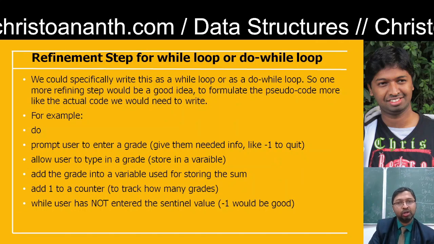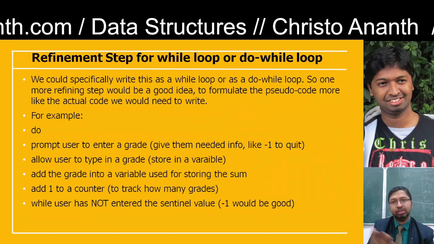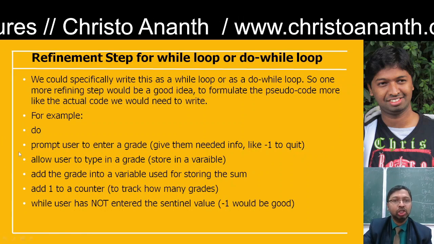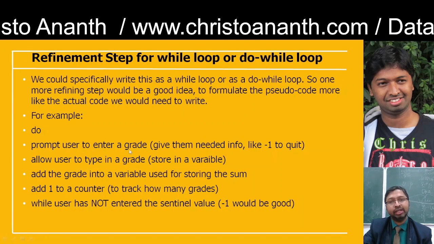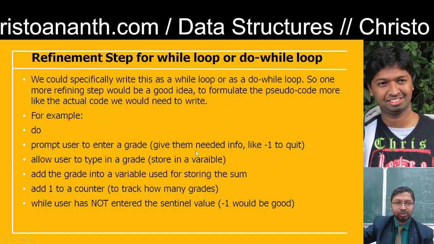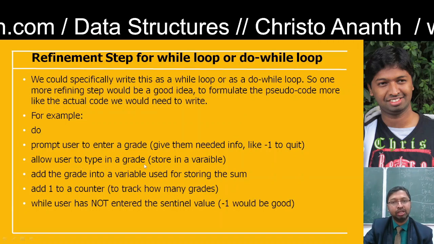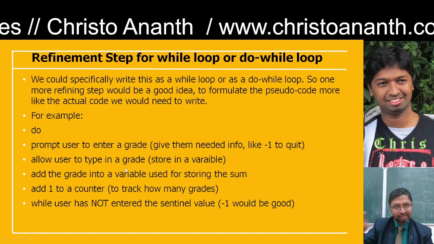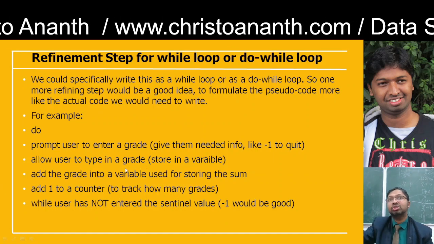Okay, so one more refining step again you can do, okay, so that's how you try to formulate the pseudocode. Okay, so for example, do: prompt user to enter a grade, give them the needed info, or otherwise -1 to quit. Okay, allow user to type in a grade that will be stored in a variable, add the grade into a variable, again the grade you are going to add to the variable for storing the sum.